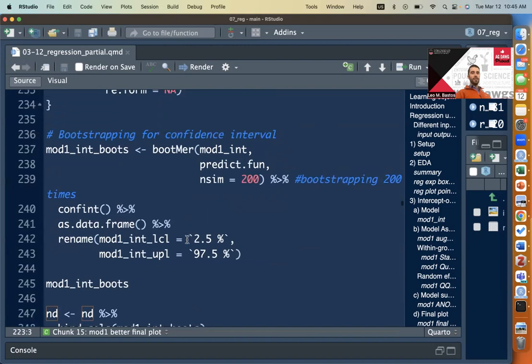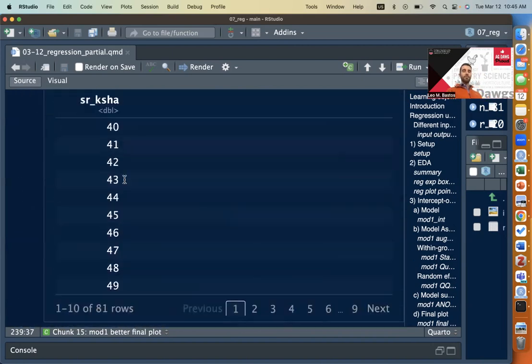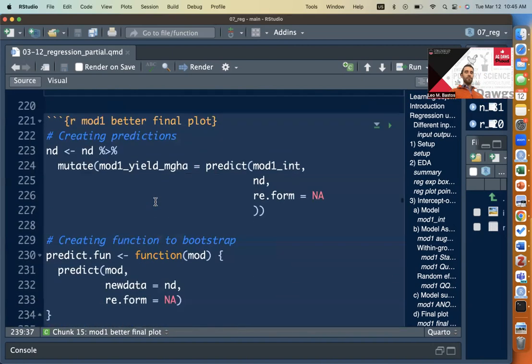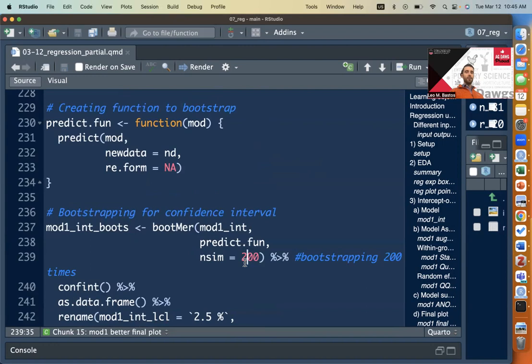What Bootstrap does is, for each one of those seeding rate levels that we created above, we're asking it to run 200 models, where each time it takes a sample of your data with replacement, meaning that it's taking a sample of points that could repeat themselves.